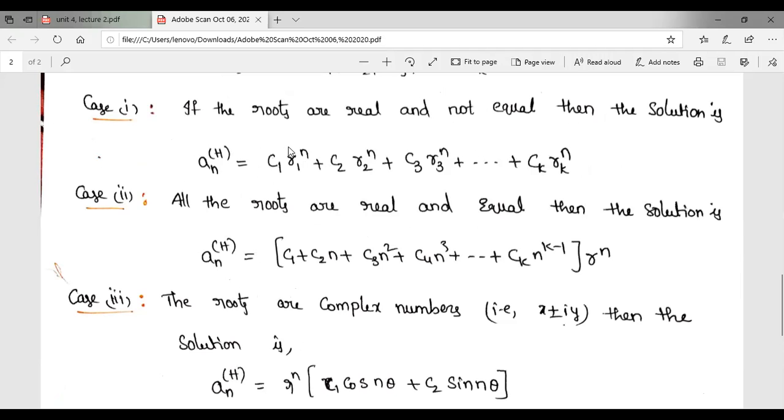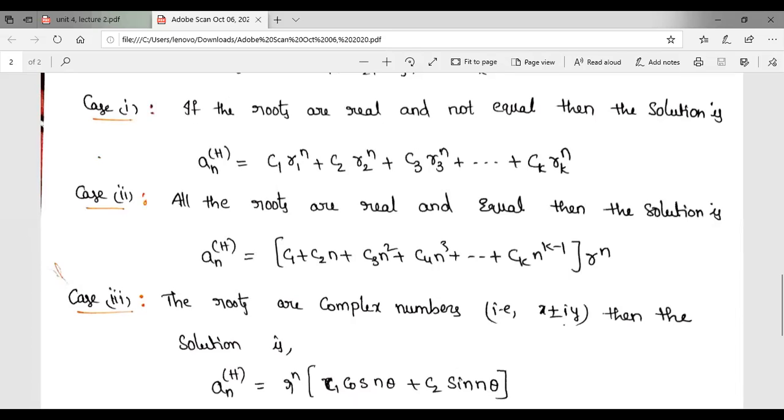In that case, we have three cases. The first case is when the roots are real and distinct. Then the solution is C1 r1ⁿ + C2 r2ⁿ + C3 r3ⁿ and so on up to Ck rkⁿ.